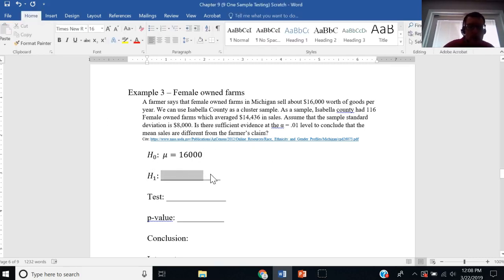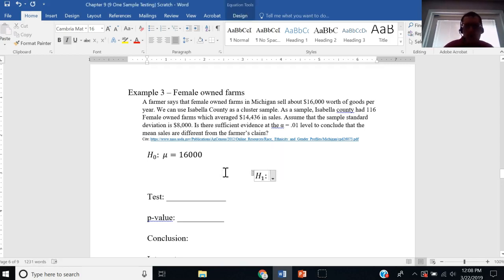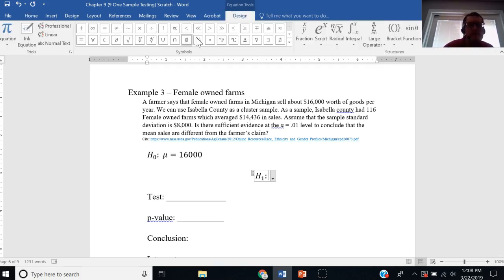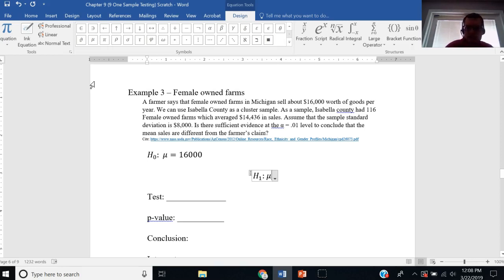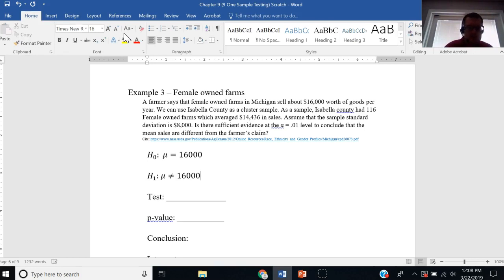Our alternative hypothesis is that the average amount, well, it says different. So the average amount is going to be not equal to the $16,000 that the farmer claims. All right?